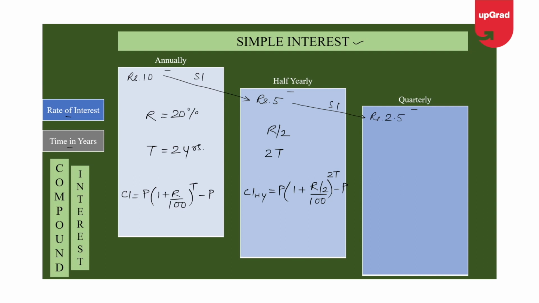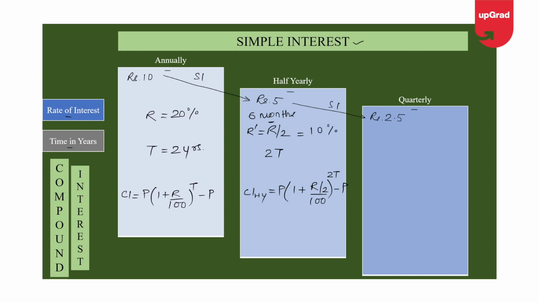In half yearly calculation, interest will be calculated after every 6 months. So instead of an annual calculation, after every 6 months, interest would be calculated. So certainly my effective rate of interest should become half of my actual value.